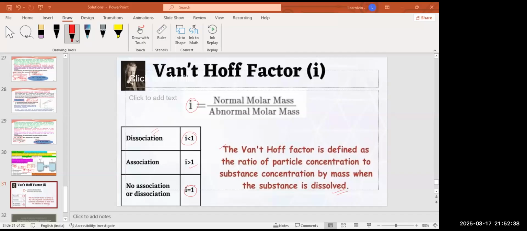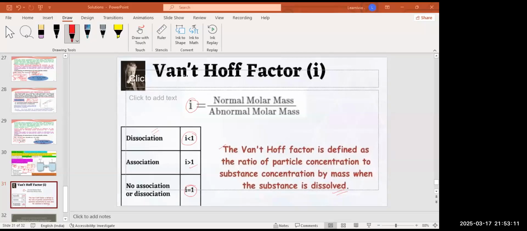This is the formula for degree of association, where alpha is your degree of association, i is your van't Hoff factor, and n is the number of solute molecules associating to make a bigger molecule, to form one bigger species.